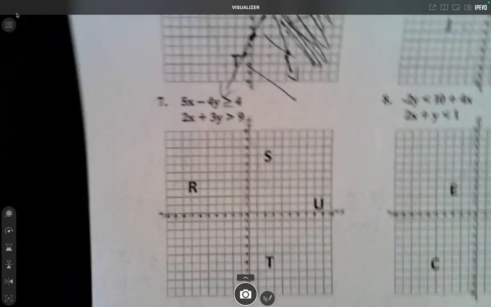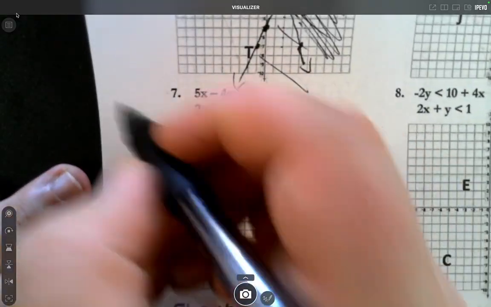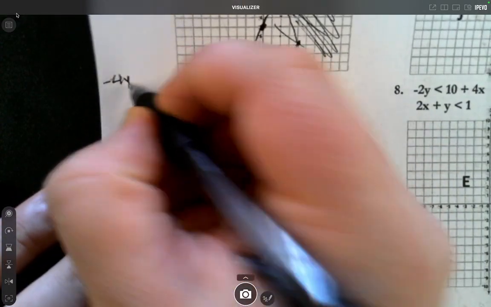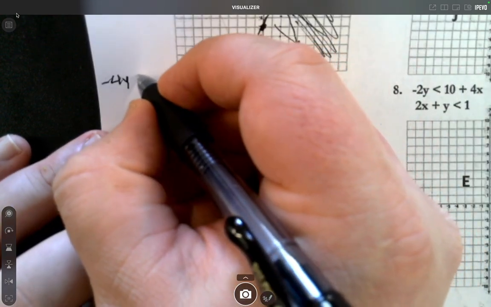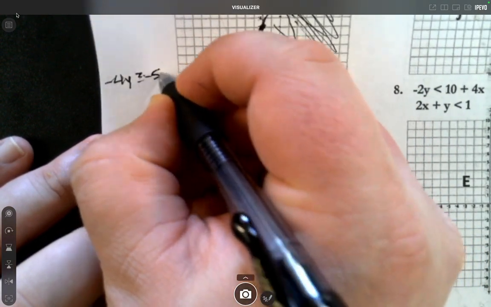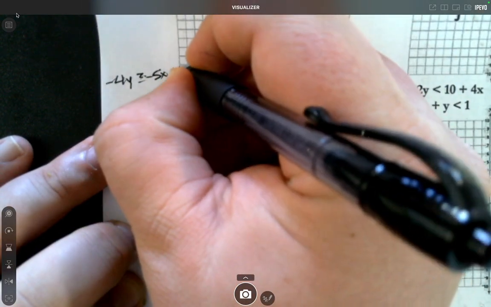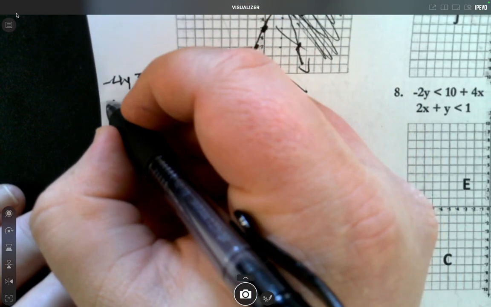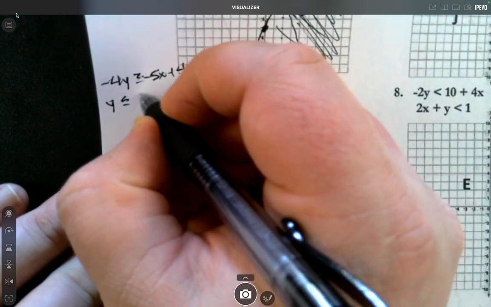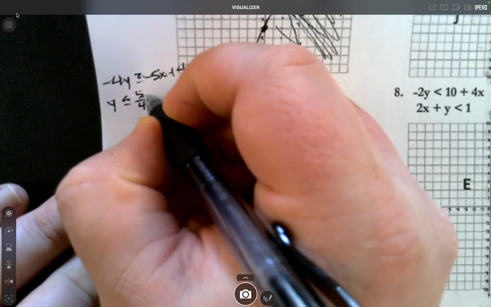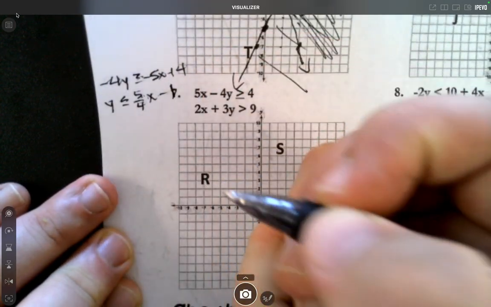Okay, number 7, I need to subtract 5x over, so I get negative 4y is greater than or equal to negative 5x plus 4. Divide everything by negative 4, forcing me to flip the inequality sign. I get y is less than or equal to positive 5/4 x minus 1.